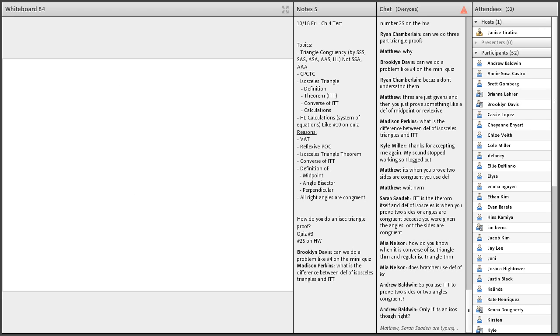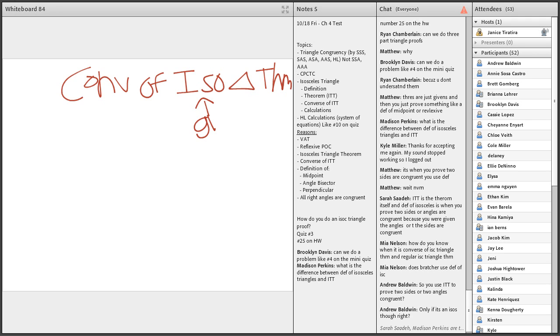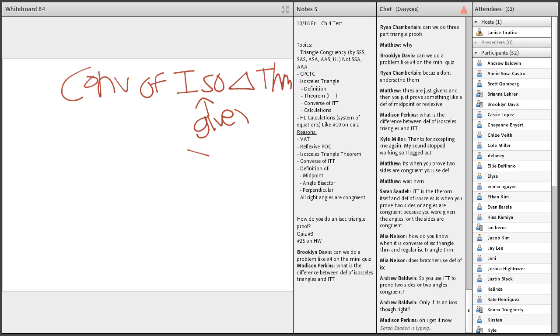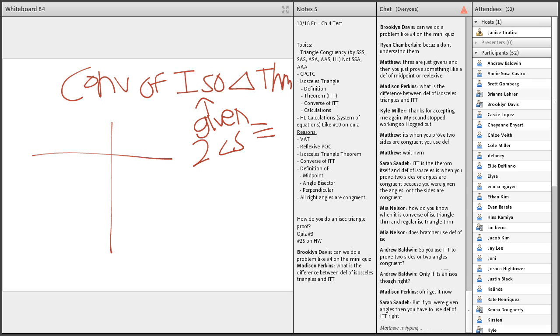Versus the converse of isosceles triangle theorem is backwards. You have to be given two angles are congruent. And then what does that conclude? Two sides. It's just literally backwards.